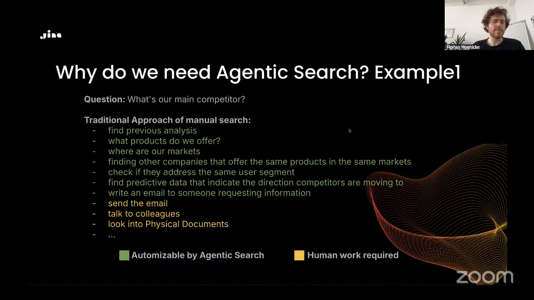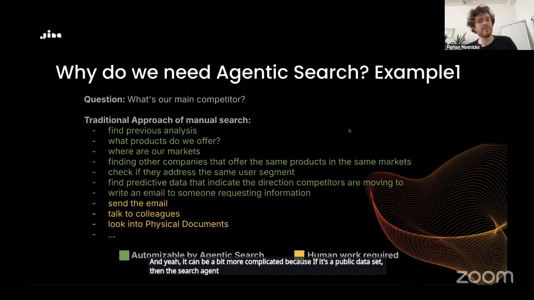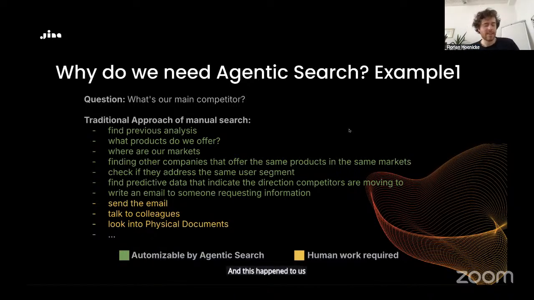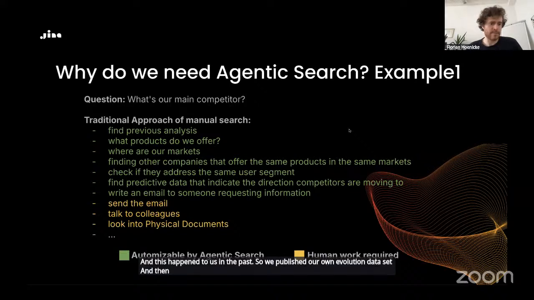And yeah, it can be a bit more complicated because if it's a public data set, then the search agent will also have access to this public data set and could cheat. And this happened to us in the past. So we published our own evaluation data set, and then it turned out our agent was suddenly performing really good.